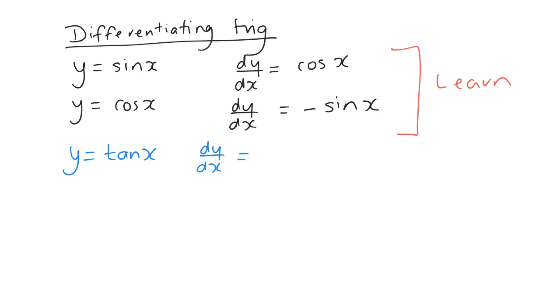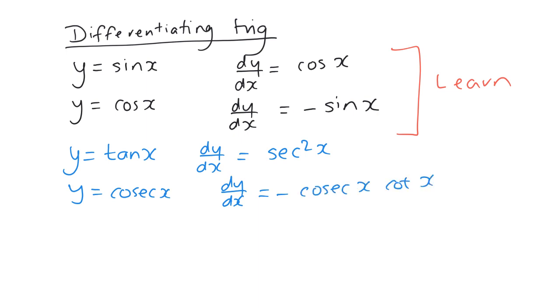y equals tan x, differentiate tan, we get sec squared x. Y equals cosec x, differentiate that, we get minus cosec x cot x. Y equals sec x, differentiate that, we get sec x tan x.